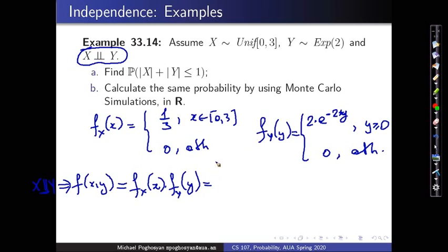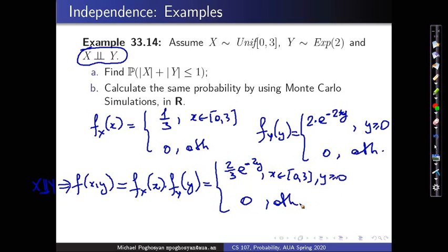This will give the following values: 1/3 times this, that is 2/3 times e to the minus 2y, if X is between 0 and 3, and if Y is non-negative. Otherwise it is 0, because one of the terms in the product is 0. So I have the joint. Now I can calculate those probabilities.